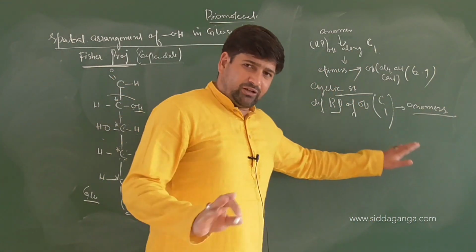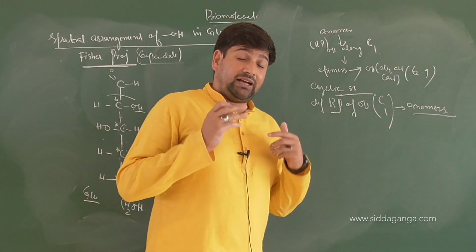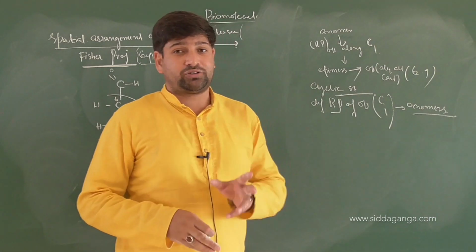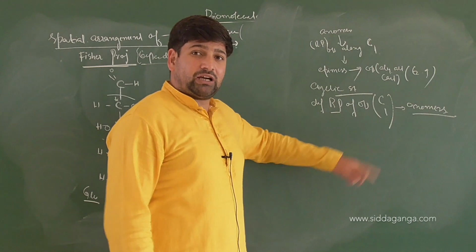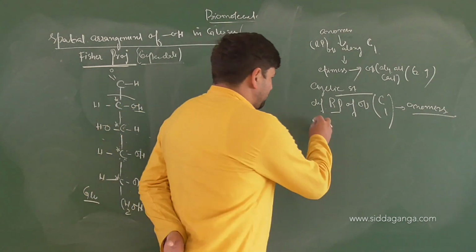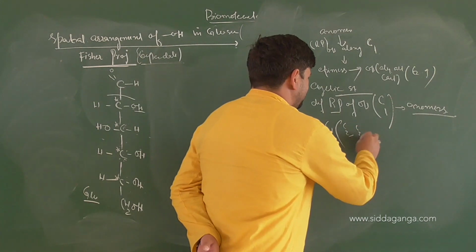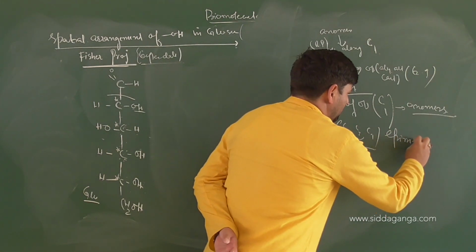And if they differ, even in the closed structure, because I said 99.9% of the population of these carbohydrates is found in a closed structure, if the difference is in the relative position of OH along any other carbon atom, except carbon 1, like C2 or C3 or C4, we call those epimers.